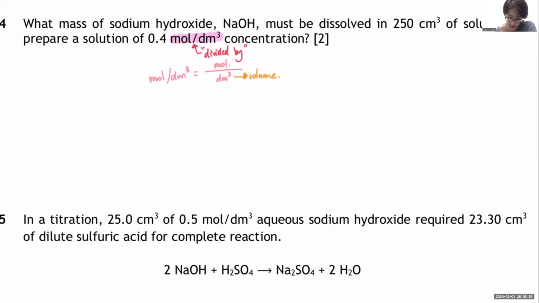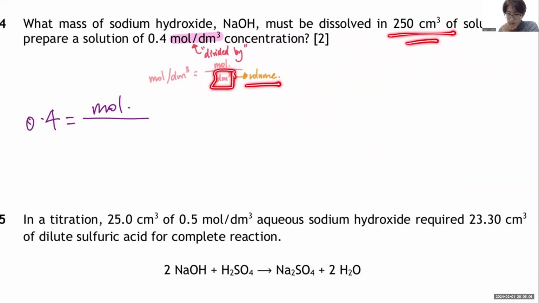So then, this is 0.4. What is this? So if I plug in the numbers, 0.4 equals to mole I don't have. Do I have volume? Yeah, isn't it? What's the unit? What's the unit here?